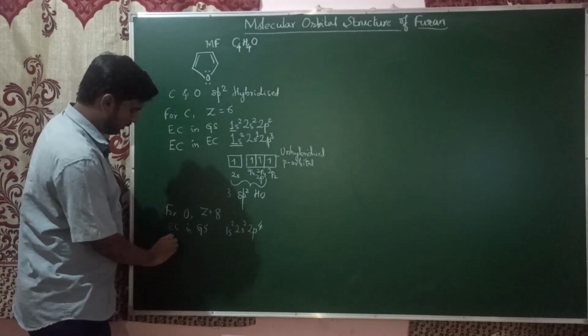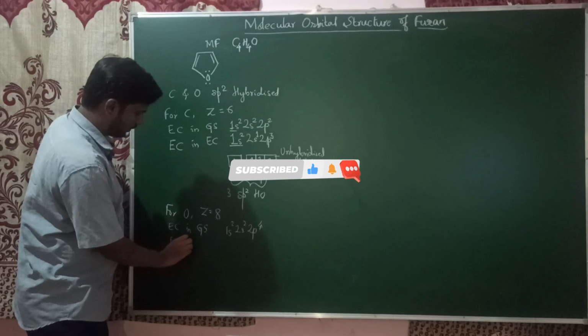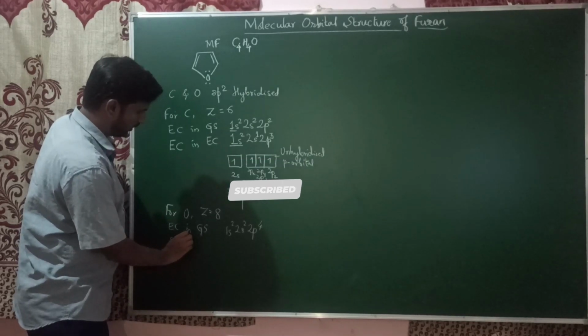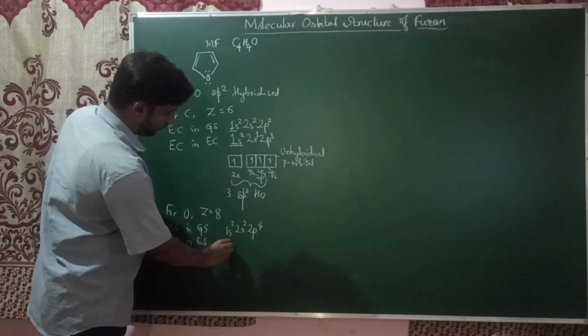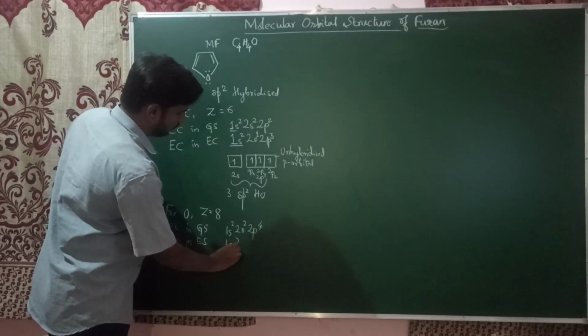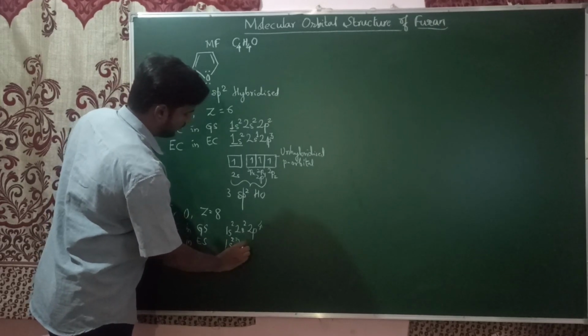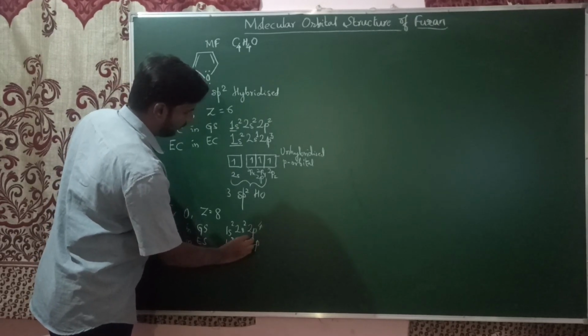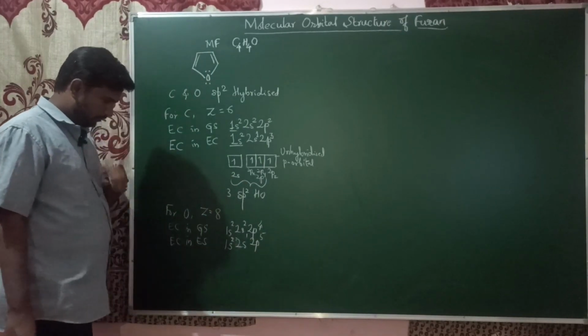The same electronic configuration of oxygen in excited state is 1s2, 2s1, 2p5.